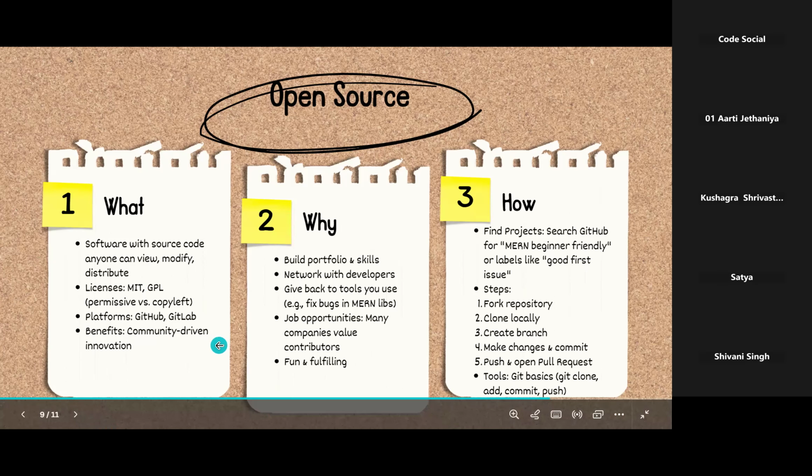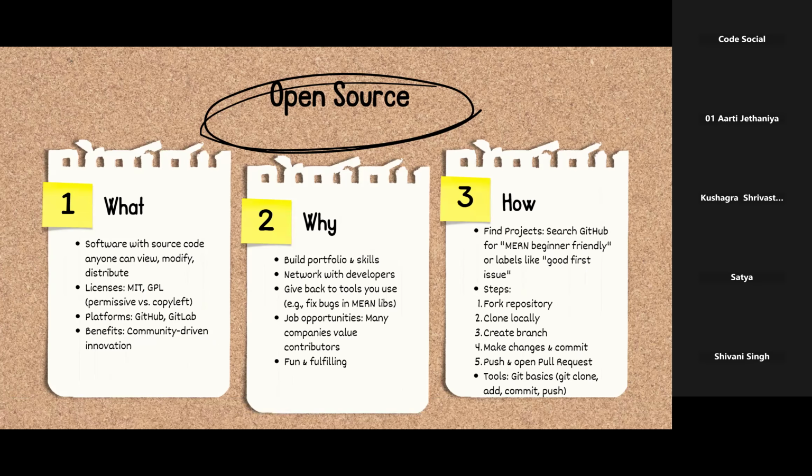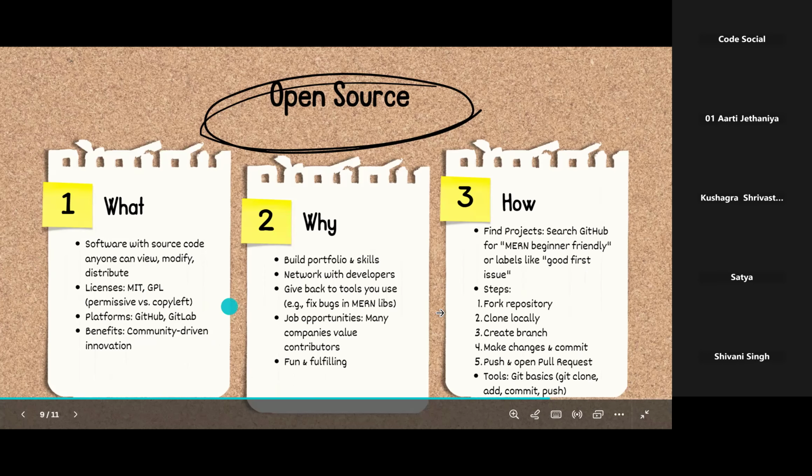So, Google Summer of Code, Girls Script Summer of Code, Hacktoberfest. There are lots of programs that run. You just need to check which repositories are listed in the program, and I will also explain that next. Community driven innovation: you can build with the help of the community with your expertise.